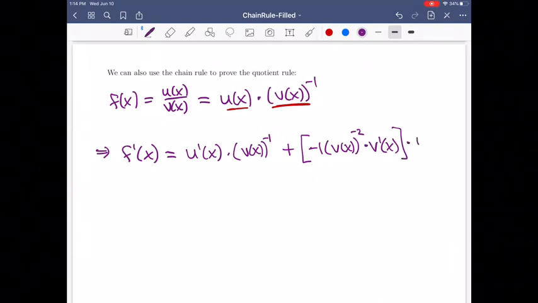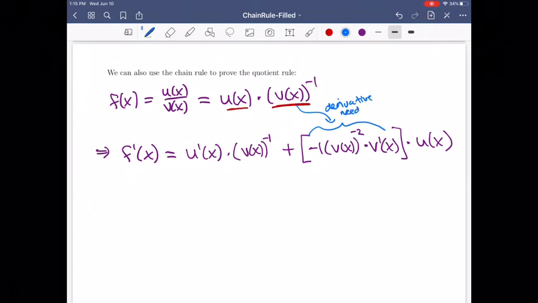And then multiply that by the first function. So that's using the product rule. It's just that the derivative of this needs the chain rule.